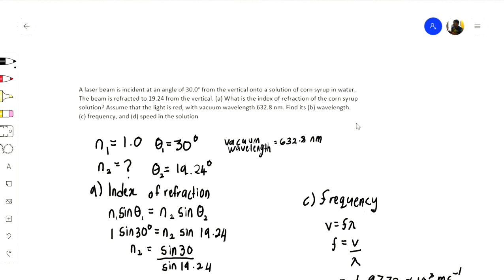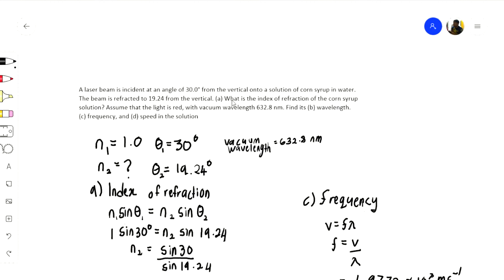So I'm here to explain question number 13 for chapter 34. So here is the question. A laser beam is incident at an angle of 30 degrees from the vertical onto a solution of corn syrup in water. The beam is refracted to 19.24 degrees from the vertical.